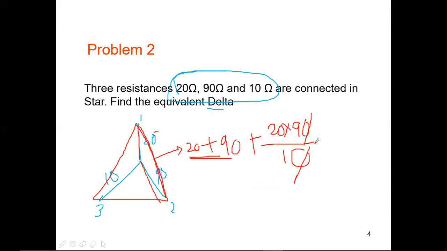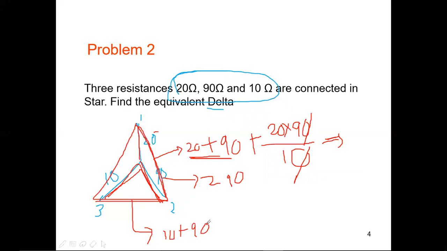20 plus 9, 180 plus 20, 200. Then the value of this arm is 290, right? Same way I can solve this also. This arm is connected between two products, meaning two arms. One is 10, and 90.